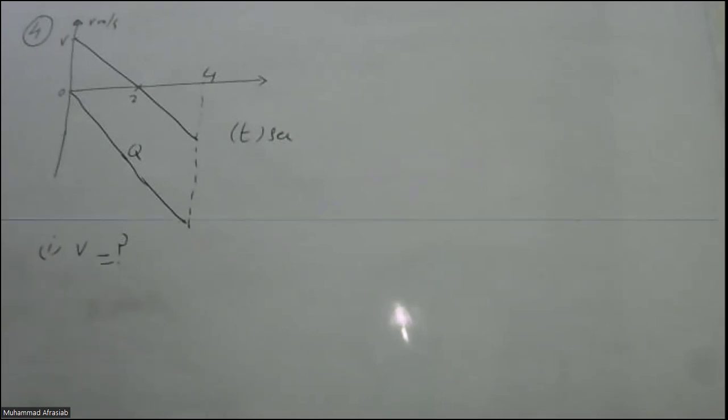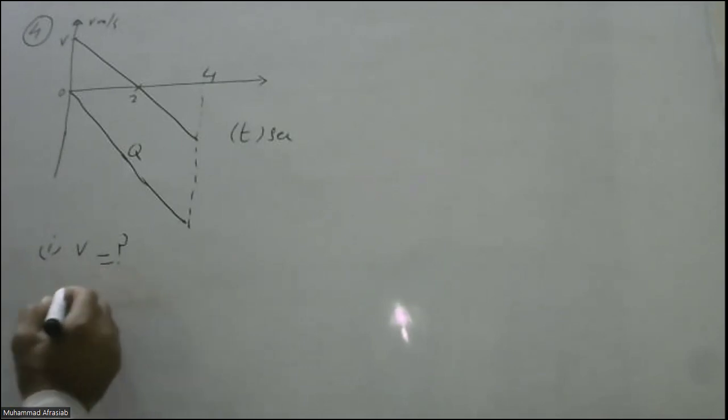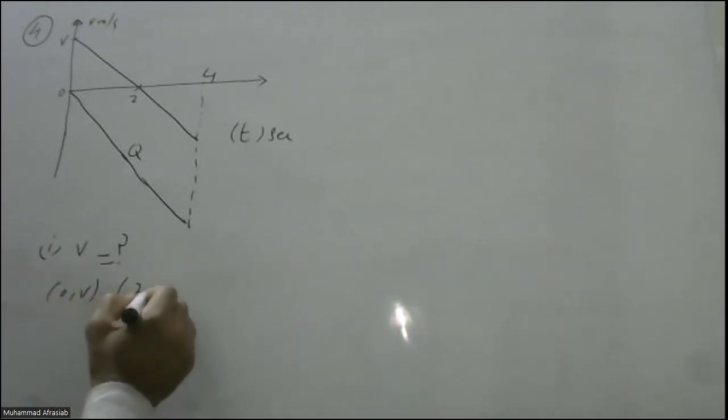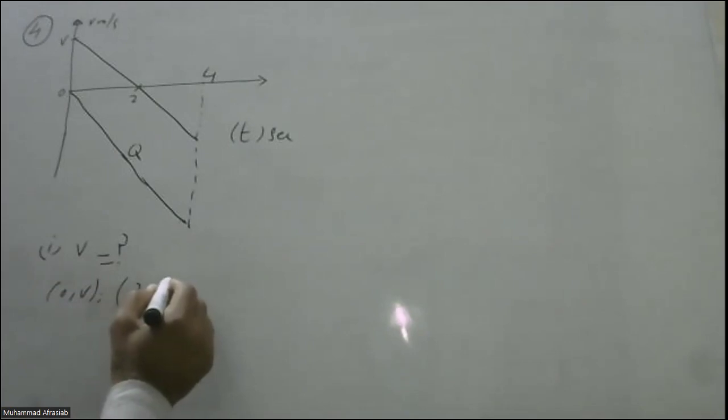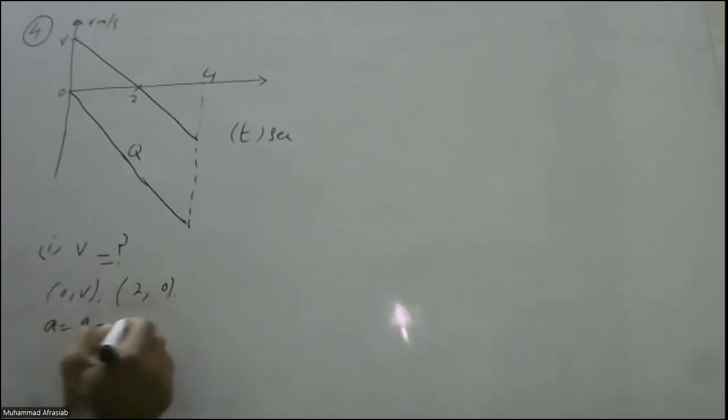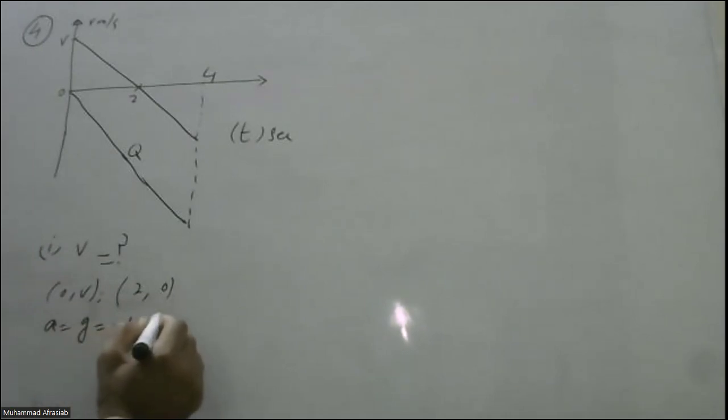Now we know either we can use the equations of motion or you can use the gradient formula. If we use the gradient formula, the points are (0, v) and (2, 0), where acceleration is equal to g, which is minus 10 meters per second squared, because it is moving under the influence of gravity.